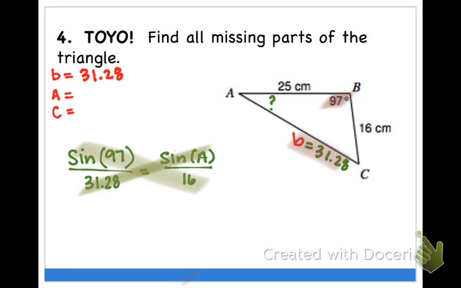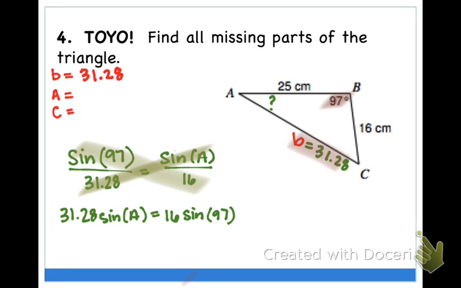We would get some wonderful numbers. We'd get 31.28 equals 16. Oops, hold on. 31.28, I didn't actually cross multiply. Times sine of A equals 16 times sine 97.